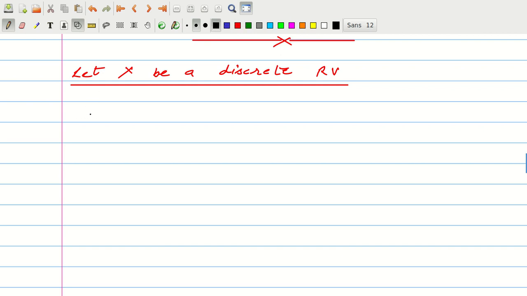The nth moment in general is written as E of x to the power n, defined as, now the integration becomes summation over all i, xi, probability that x takes the value xi.